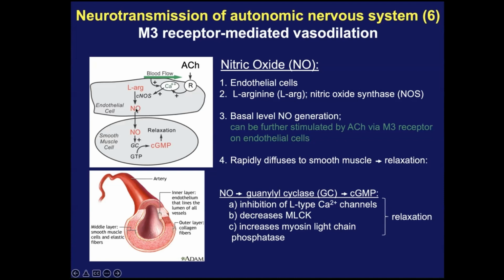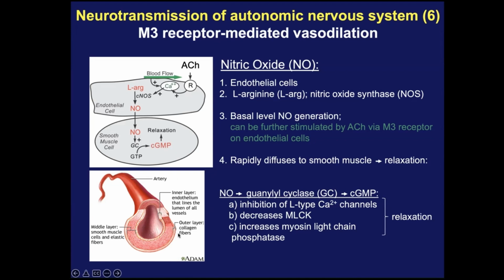When NO is produced in the endothelial cells, it rapidly diffuses to the smooth muscle cells. And inside the smooth muscle cell, it activates the GC, which is the guanylyl cyclase, to produce cGMP.